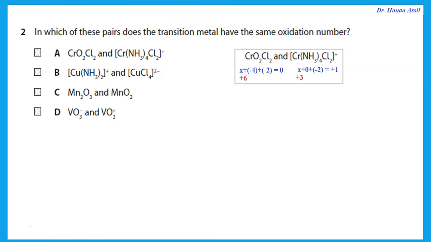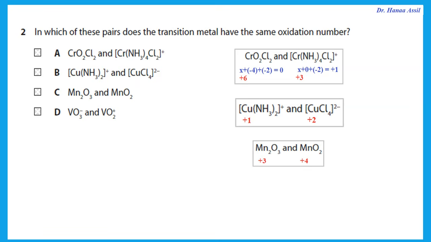Now we're looking for transition metals having the same oxidation number. If you do the same for B, the first one is +1, the other one is +2. In C, +3 and +4, but in D, both the vanadiums in these species have the same oxidation number of +5.